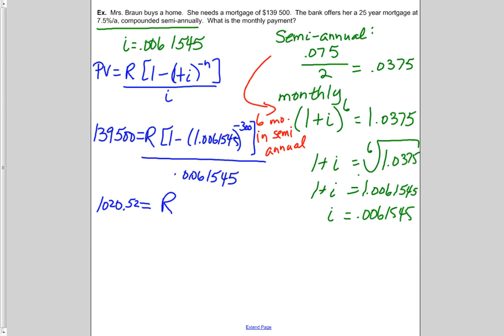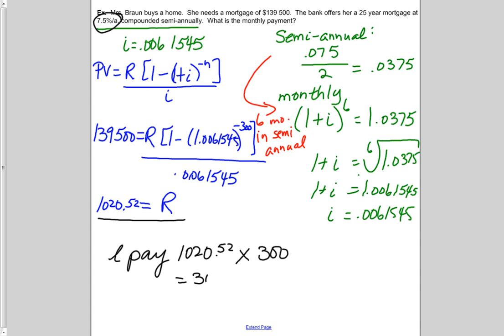Let's just look for a second at what the interest is. That's a lot of money for a cheap little house. That's why people look very carefully for low interest rates on a mortgage. So the total interest will be, I pay $1,020.52 times 300 payments. I'm paying $306,155.74 for a $139,500 house.